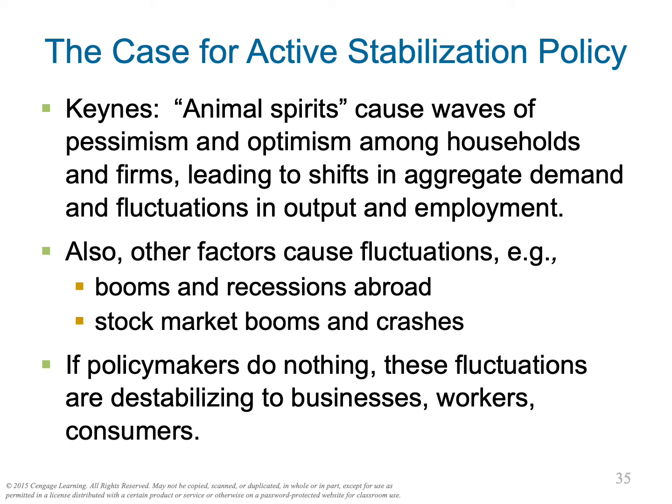And if the government and the Fed don't do anything, right, if policymakers don't do anything, these fluctuations can be destabilizing to businesses, workers, and consumers. It makes it really hard in these conditions to have a successful economy. So Keynes would say, yeah, let's actively stabilize the economy.